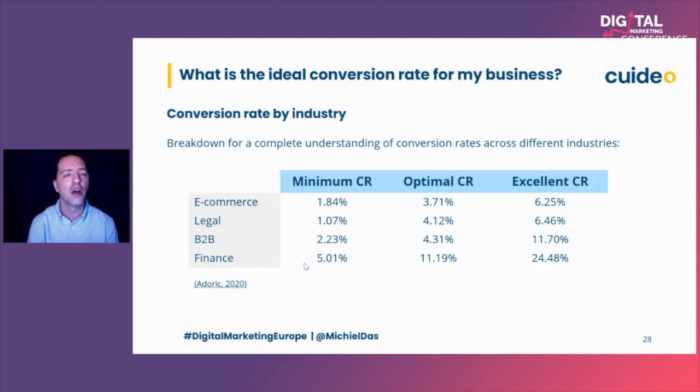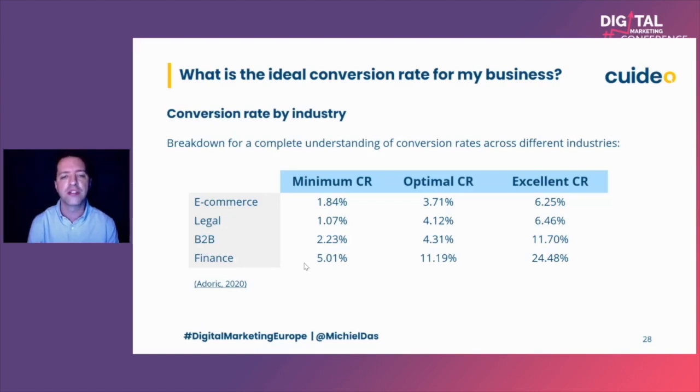And obviously, one thing to keep in mind is that it heavily depends on the industry. We have a few industries here on screen. I also have the link here to the specific scientific article, which was published by Dorig in 2020, where they investigated worldwide the conversion rate of different businesses.